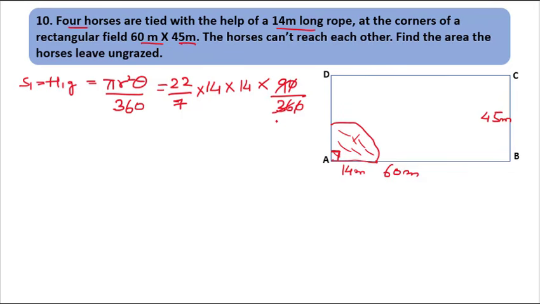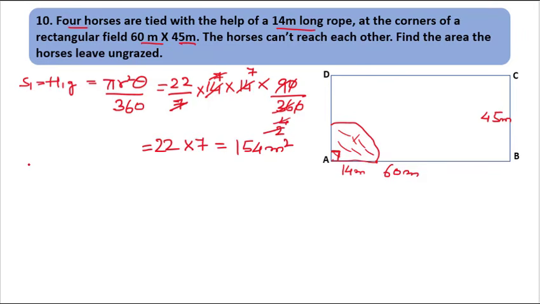Now this is pretty easy to solve. 9 4s are 36. 2 7 2 7, right? So basically what we are left with is 22 into 7. This is the area that the first horse grazes, and it is equal to 154 meter square. Now there are 4 such horses.